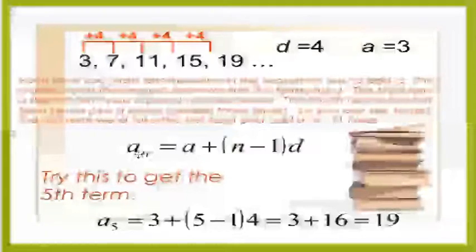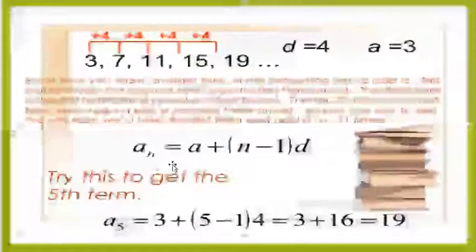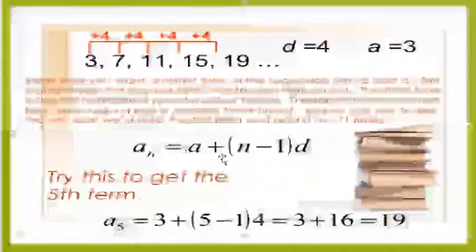Students, remember this formula once again: an is equal to a plus (n minus 1) into d. Now try this to get the fifth term. Suppose we have to find out the fifth term of that sequence. We can write it this way: a5 is equal to 3 plus (5 minus 1) into 4, which is 3 plus 16, which is equal to 19.